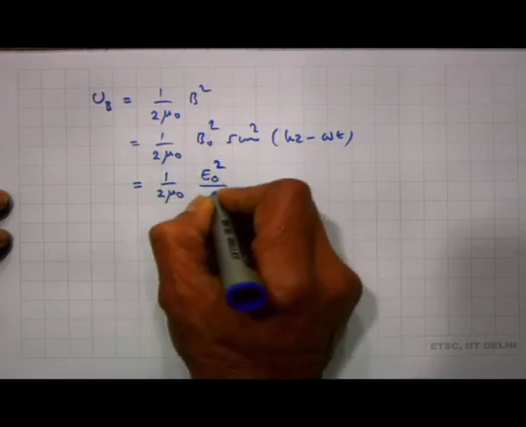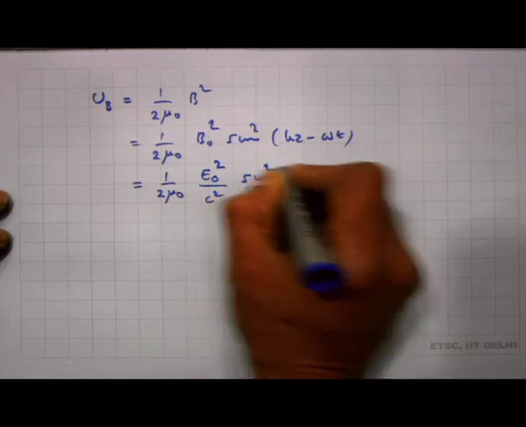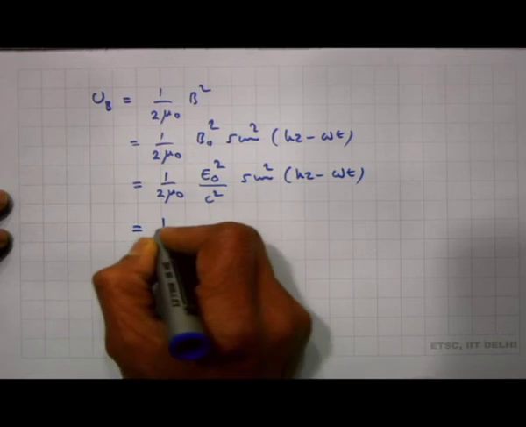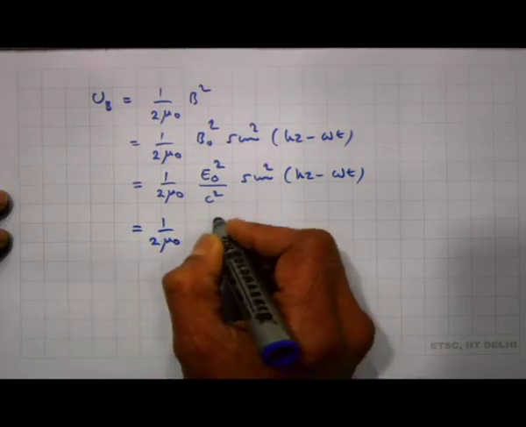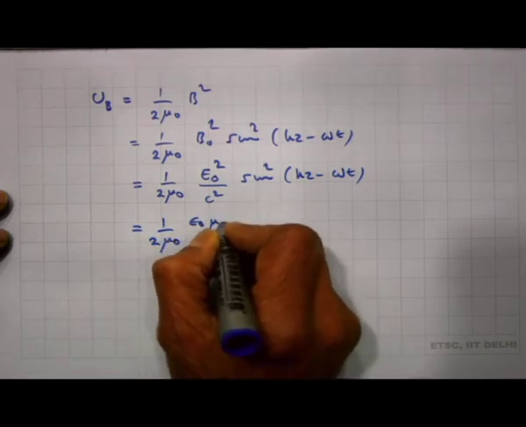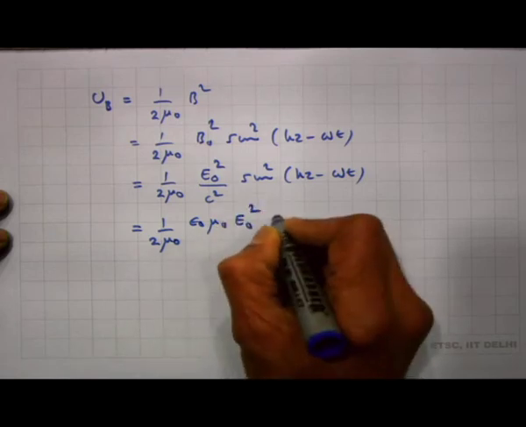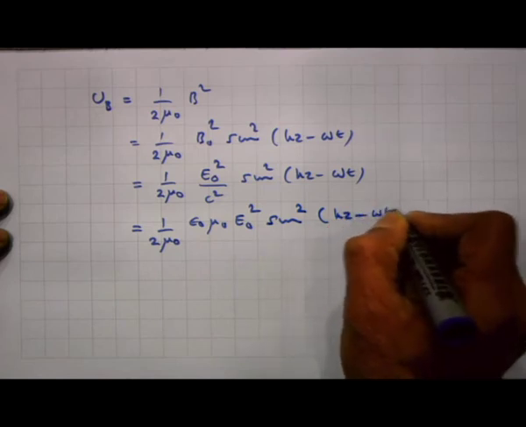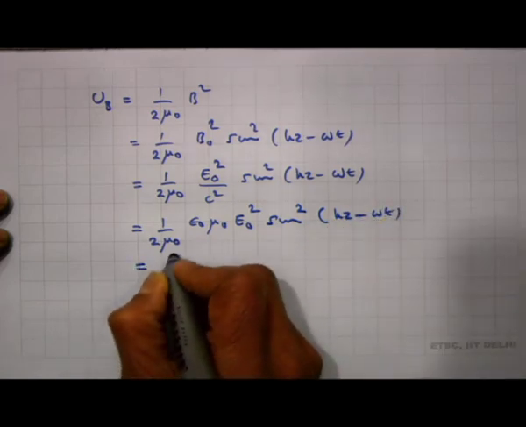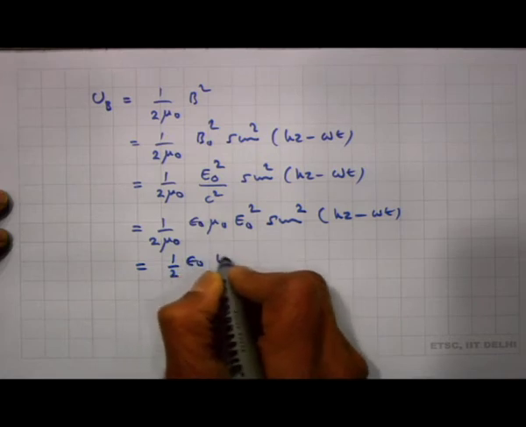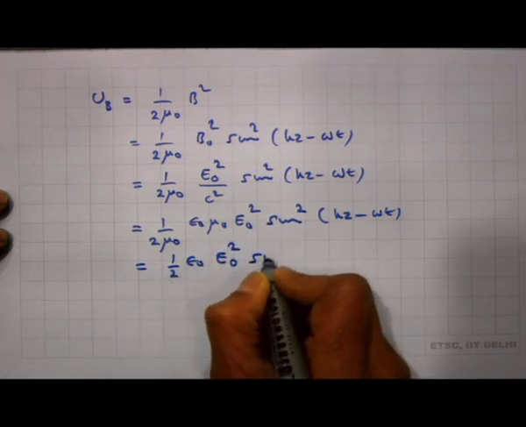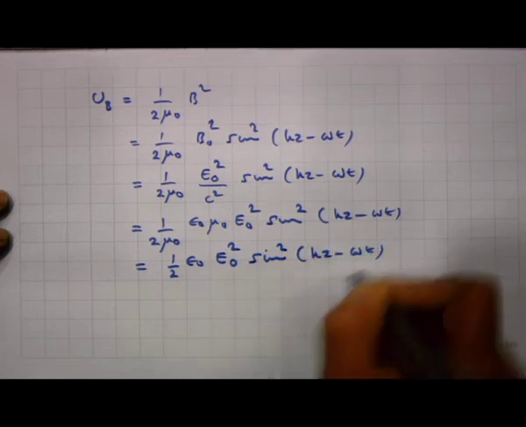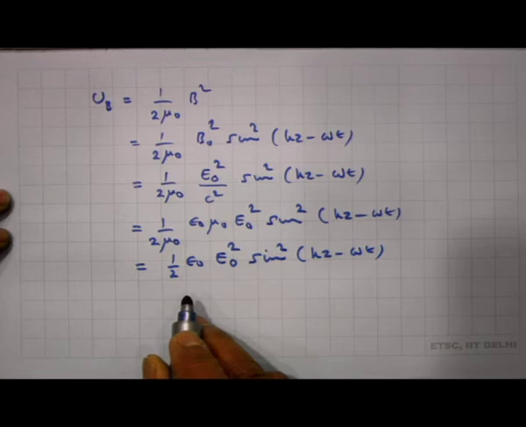So, 1 by 2 mu naught E naught square by c square sin square (k z minus omega t). Now, 1 by c square is epsilon 0 mu 0, so this is nothing but 1 by 2 epsilon 0 E naught square sin square (k z minus omega t). That is the magnetic energy density.